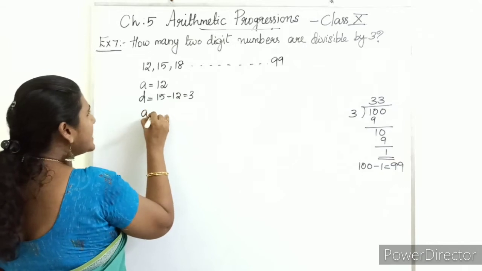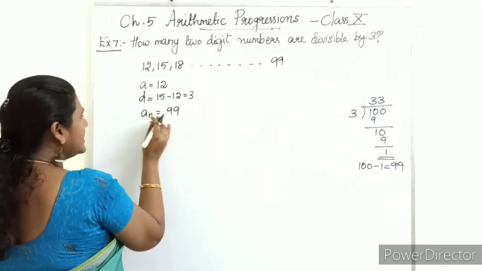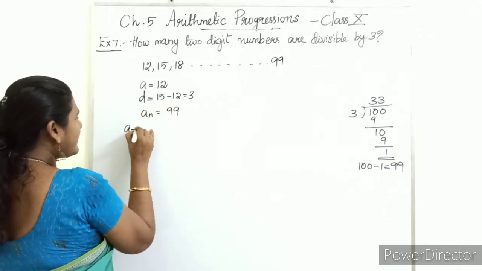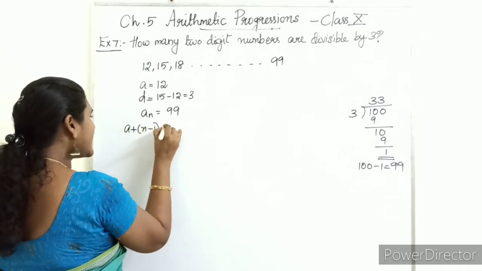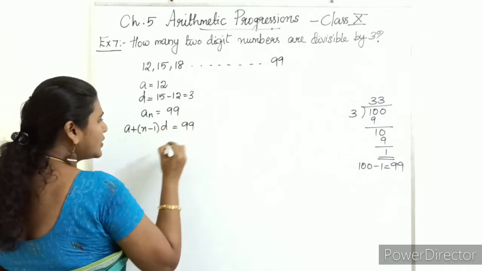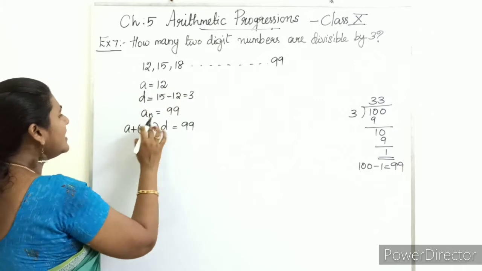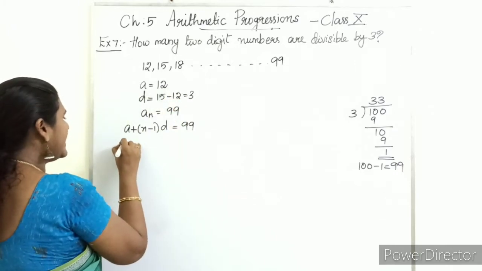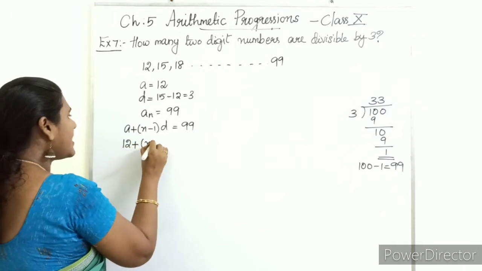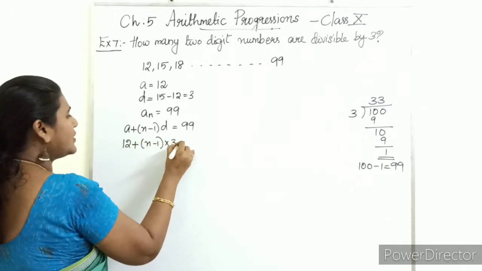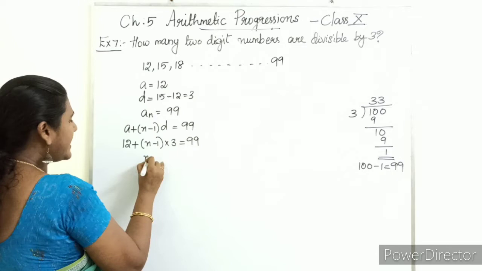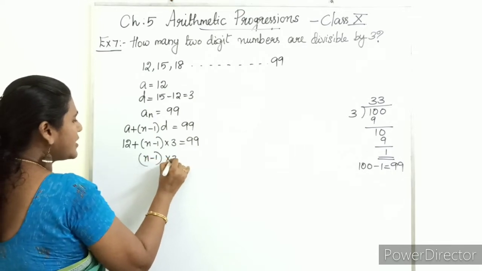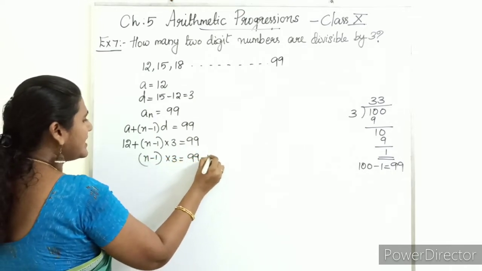Now an is equal to 99. So in this place, an place, we will use the formula a plus n minus 1 into d is equal to 99. Here in this formula we will substitute the values of a and d. So 12 plus n minus 1 into 3 is equal to 99. That is n minus 1 into 3 is equal to 99 minus 12.